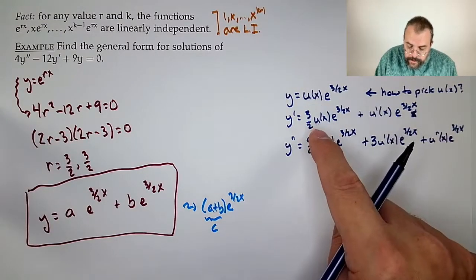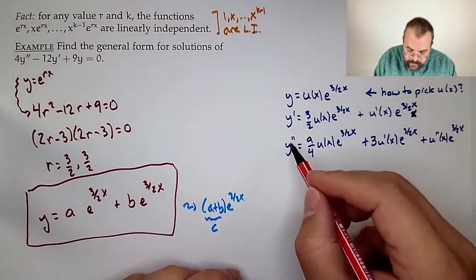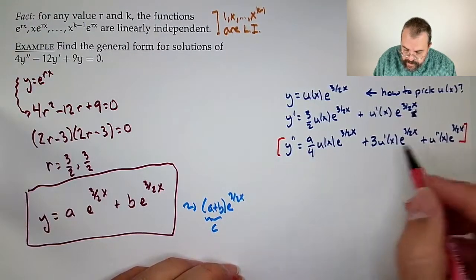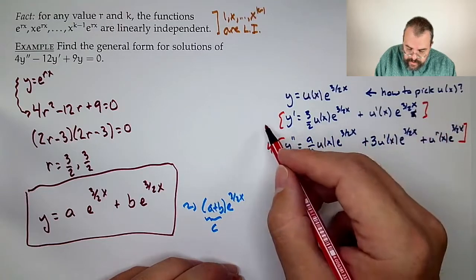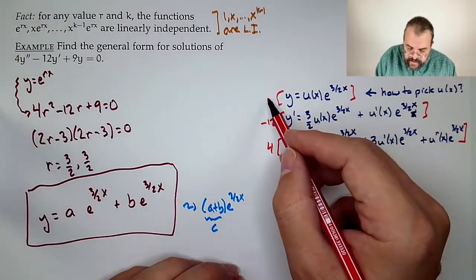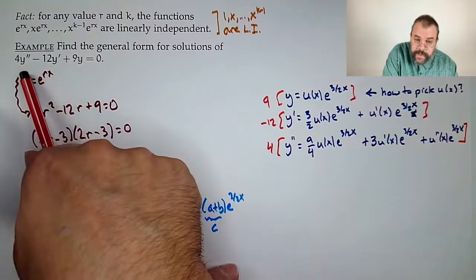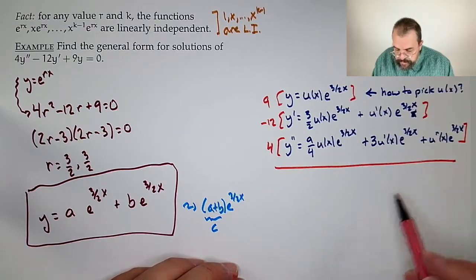Okay, so we have y prime, y double prime. All right, now what do we want? Well, we want to take 4 of the y double primes, minus 12 of the y primes, and 9 of the y's, right? 4y double prime minus 12y prime plus 9y. So we're going to add these up.